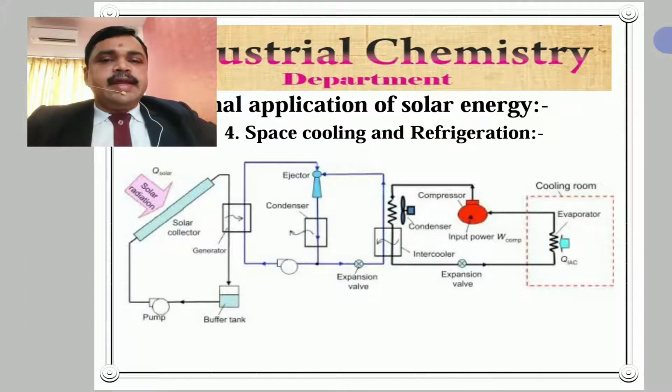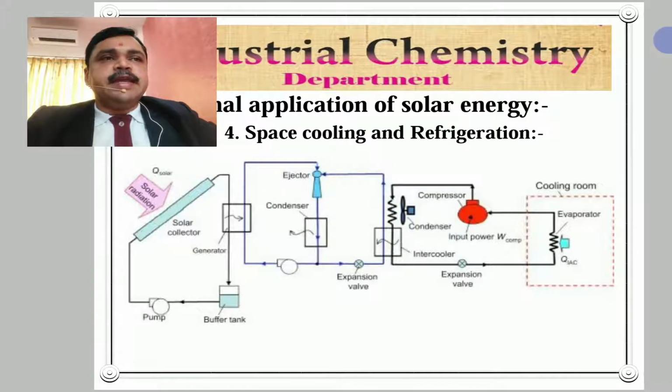Water heated in a flat plate collector or array is passed through a heat exchanger, the generator, where it transfers heat to a solution mixture of absorbent and refrigerant, which is rich in refrigerant.